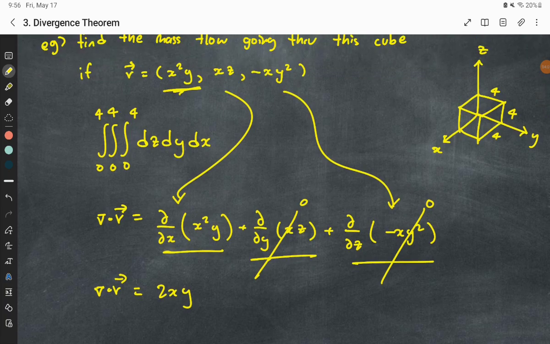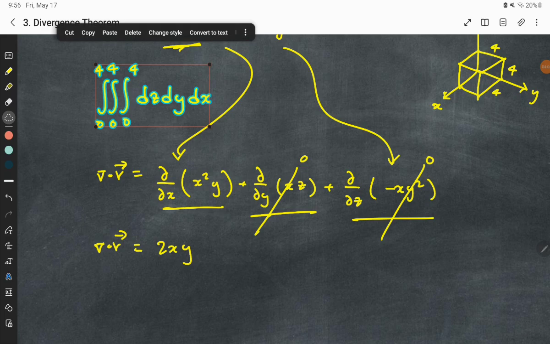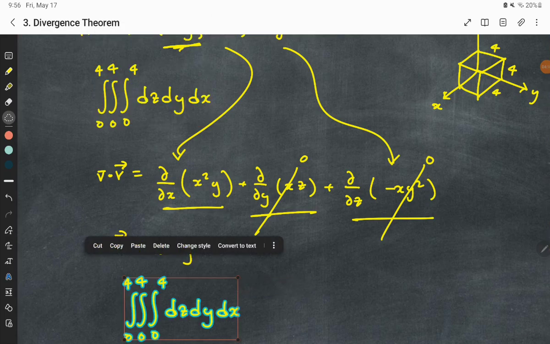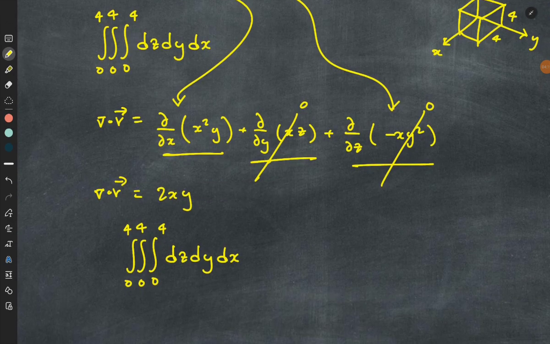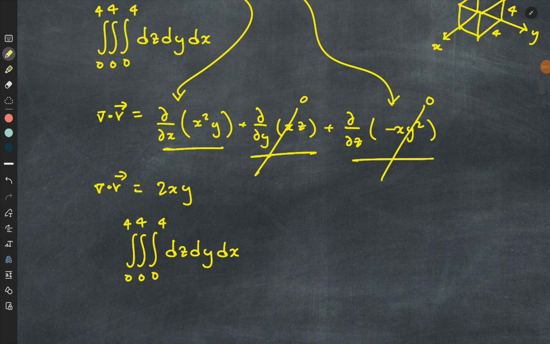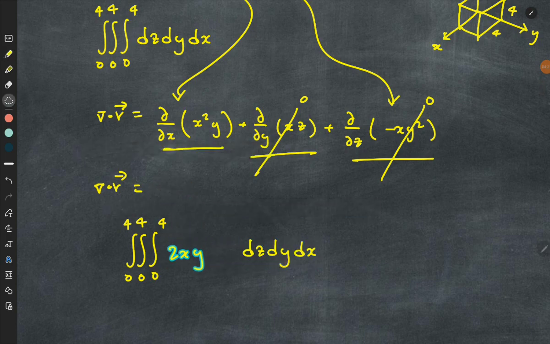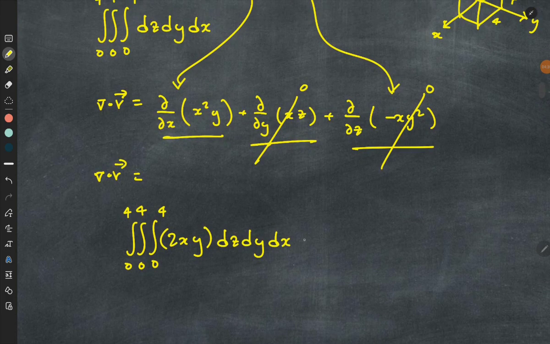Righty. So we're just going to plug it into our volume integral. Let me full screen real quick. It's just going to fit inside just like that. So let's integrate with respect to z first.